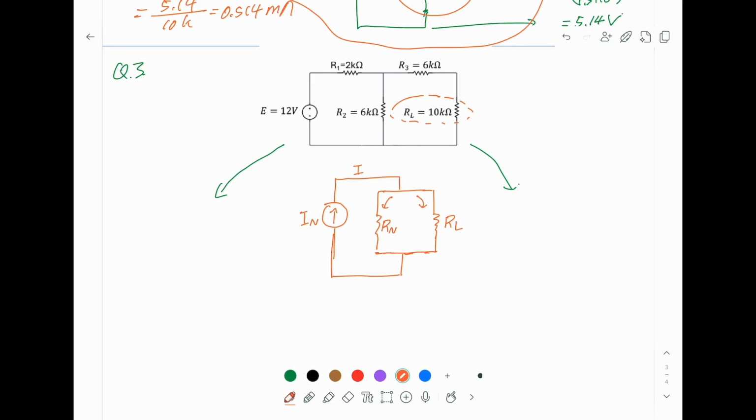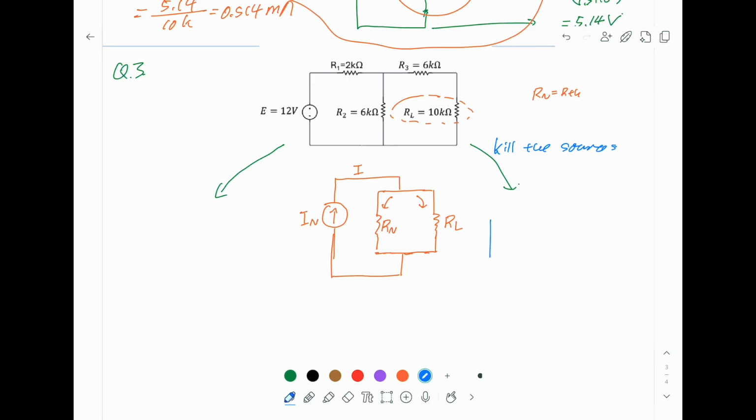Now therefore we have to find I Norton. Now RN incidentally is the same as RTh. It means we can maybe do this one first. So this one is easy. We just do the same thing. Kill the source. Okay, so we replace the potential divider with a straight line.